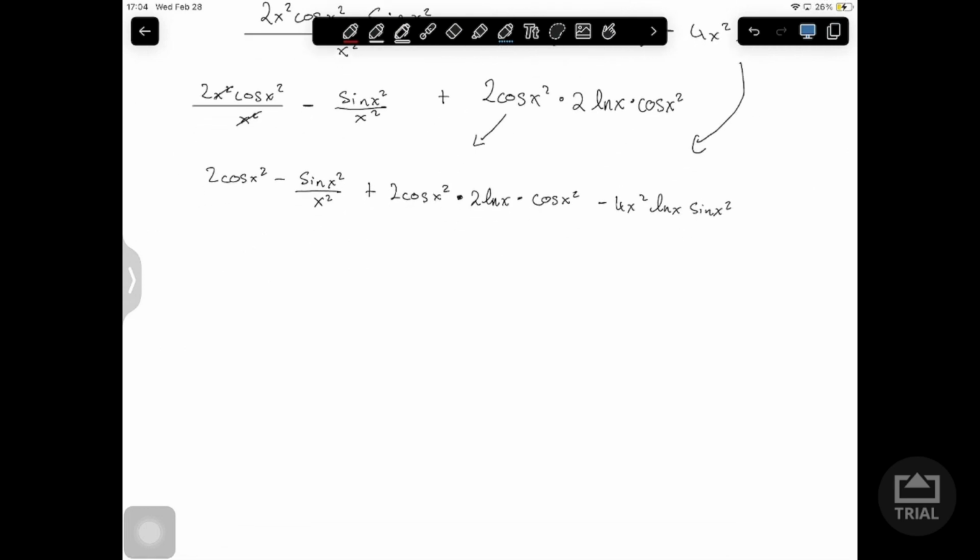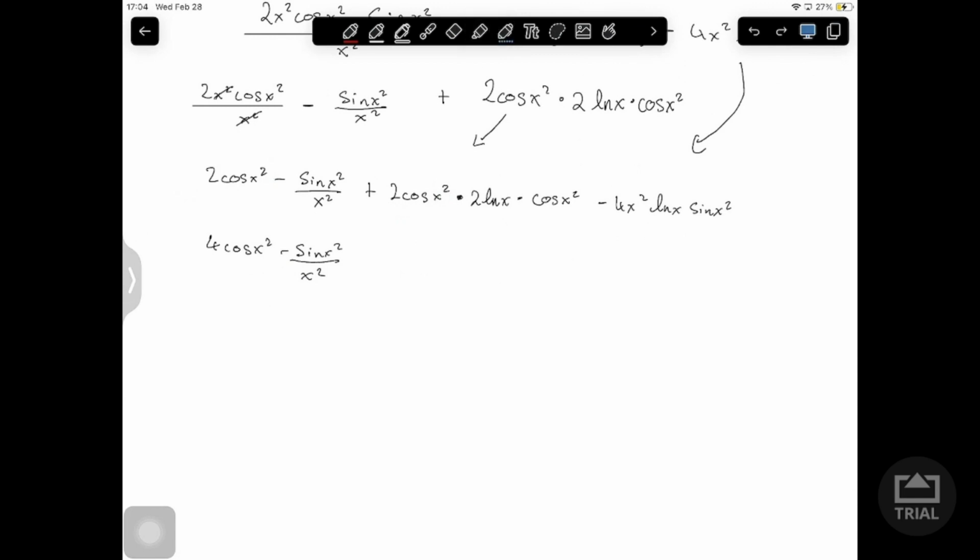Alright, so now what we can do is this and this can combine into 4 cosine x squared, and we could keep that portion, which is sine x squared over x squared, times basically all of the things afterwards.